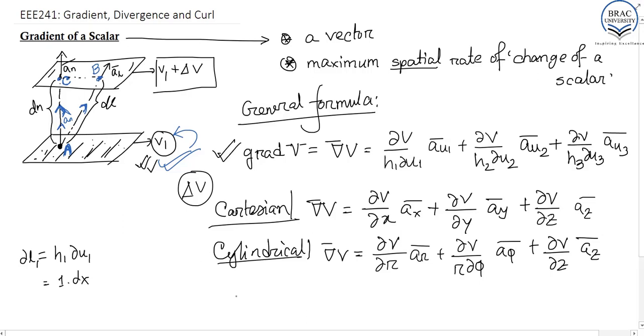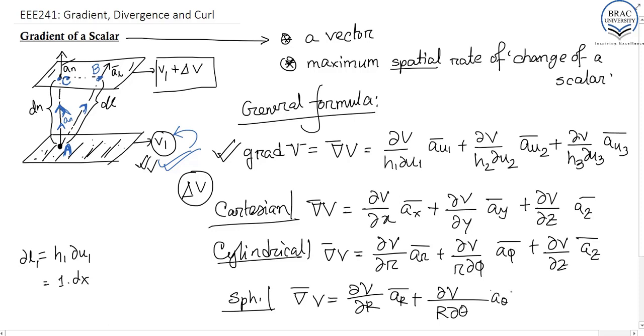So you can guess how this formula will look in case of the spherical system, okay? So del V is equal to dV/dr ar plus (1/r) dV/dtheta a theta plus (1/(r sin theta)) dV/dphi a phi. All right?